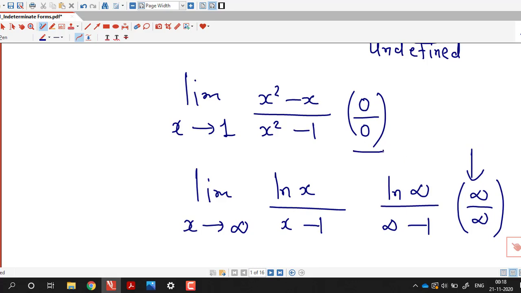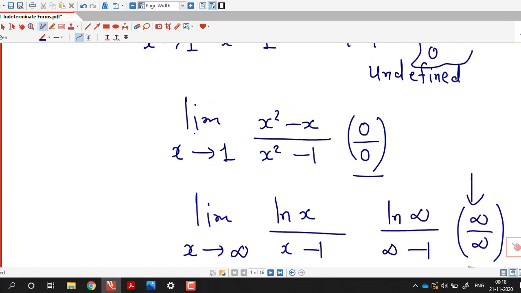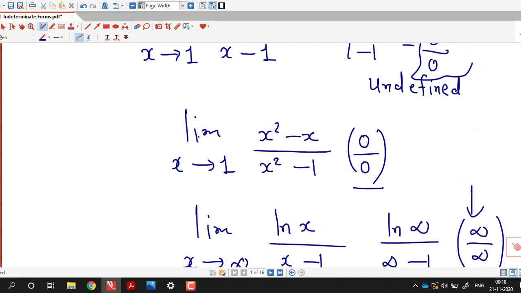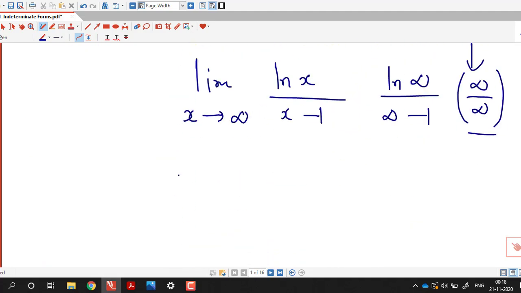Whenever we have this type of limits, it is not possible to evaluate them by the usual methods which we study at school level. For example, we have the limit of sin x over x as x approaching 0 is 1.